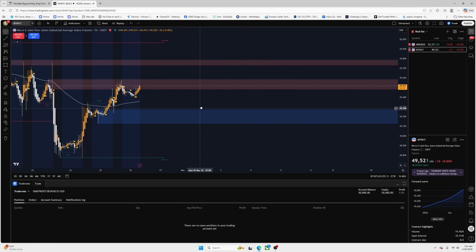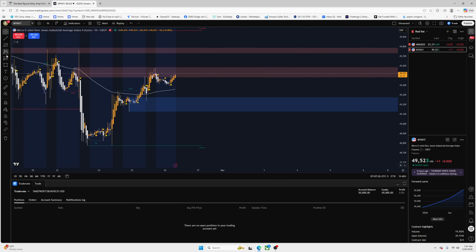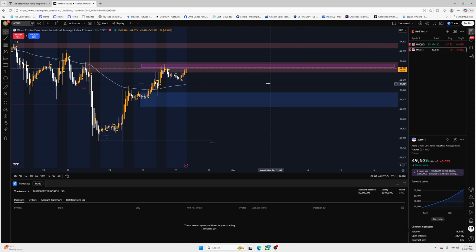So once again, I could draw the lines real quick. The zones ain't really too much to draw for real. Just like here, and then maybe like here. Here we go. There you go. And of course, like down here or whatever.